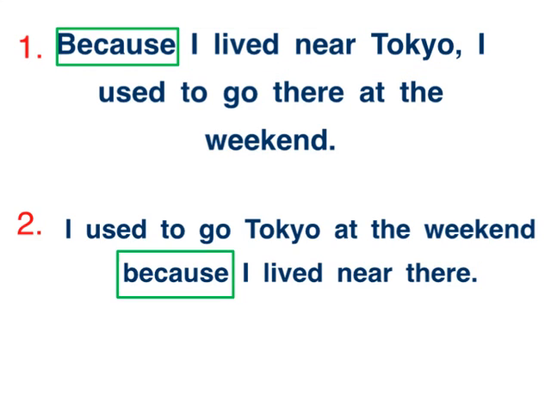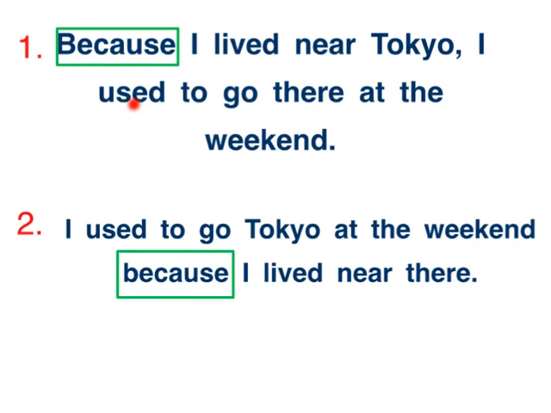And finally, you also might have noticed that this word has changed. Because I lived near there, because I lived near Tokyo. Why is that changed? Well, that's because when one gives information, usually you need to say the proper name of the place first, and then you can use there to replace it second.